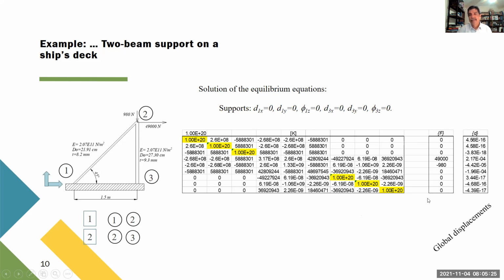So that's the solution. These 3 values should be 0. They are not exactly 0, but it is very small, e to the minus 16. In practical terms, that's null, that's 0. Similarly, for the displacement of the third joint, e to the minus 17, basically that's 0.